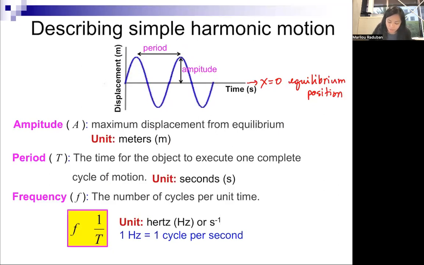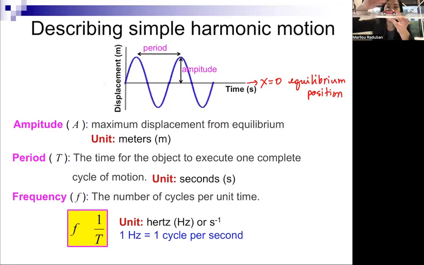So we can define what we call the amplitude, which is the maximum displacement from the equilibrium position. It's usually how far you pull the object away from the equilibrium position.